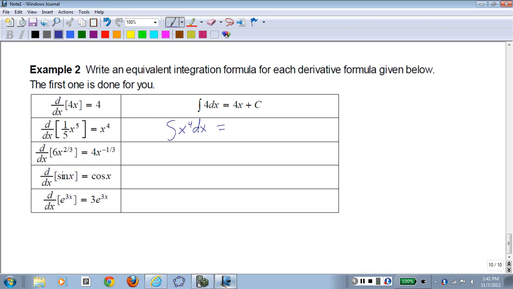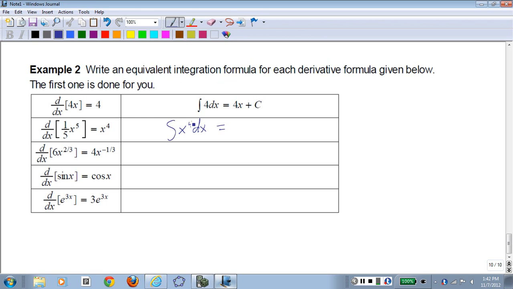Well, would this make sense? This is going to be called the power rule for integration. Let's see if this makes sense. If we're taking a derivative, we take the exponent out in front, multiply by the exponent, and reduce the exponent by 1. What if we invert them in the reverse order?